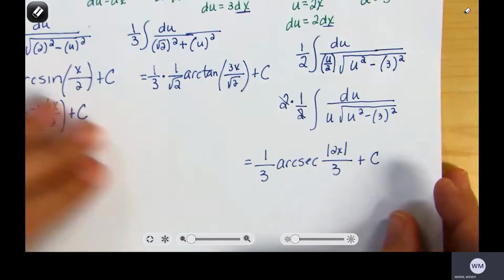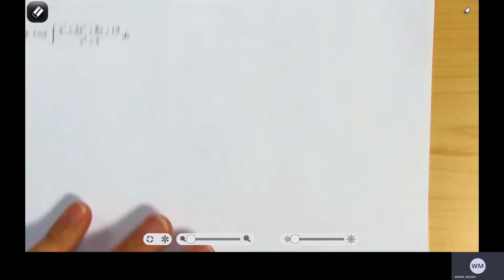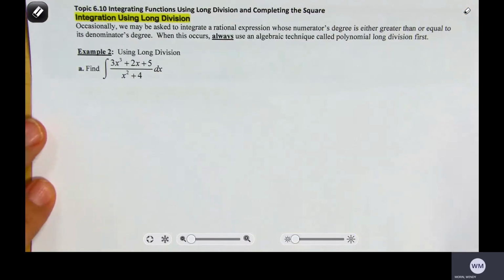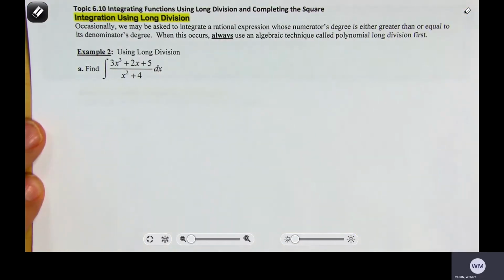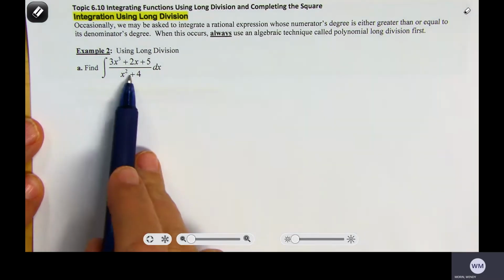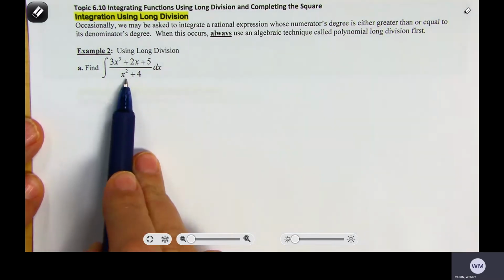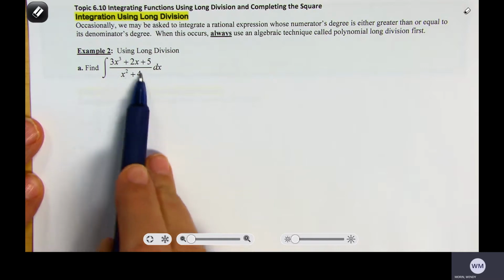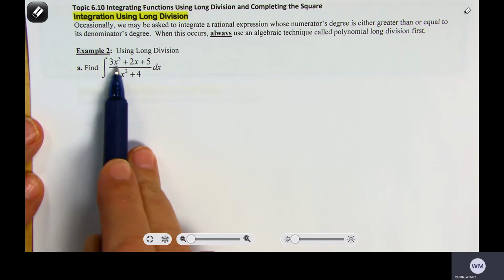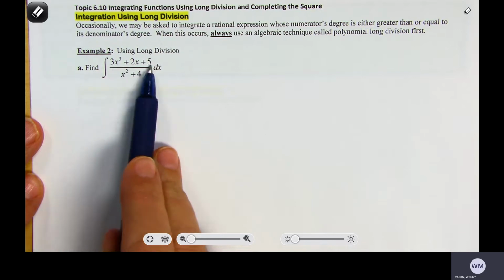All right, the next thing that you could see on the AP exam are rational functions that look like this. Okay? Well, we've already dealt with rational functions. But look at, what did we do when we had a rational function before? We set the denominator equal to u because its derivative was usually in the numerator.